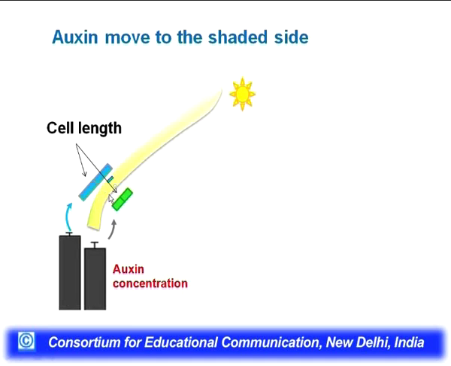So, auxin can move, and this movement is a polar movement. It is not assisted by the vasculature, because there is no vasculature which connects directly from one radial side to the other radial side.